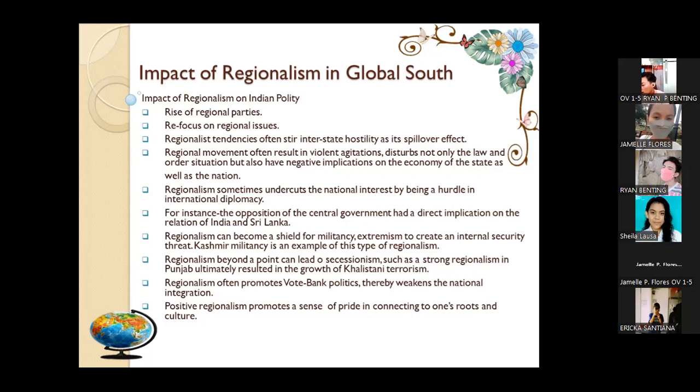Chota Nagpur Plateau is an example of this type of underdevelopment. Next, political vested interests can accentuate and exploit regional loyalties. Linguistic aspirations that have remained a formidable basis of regionalism. Lastly, expression of ethnicity.